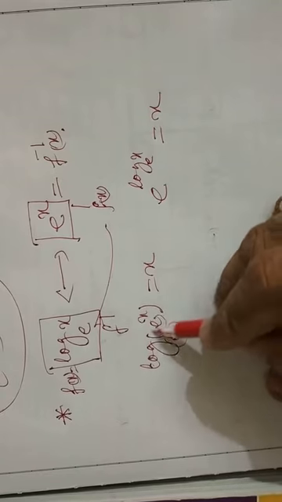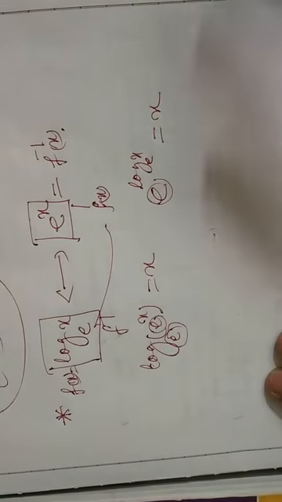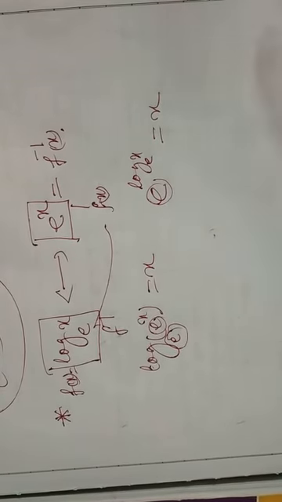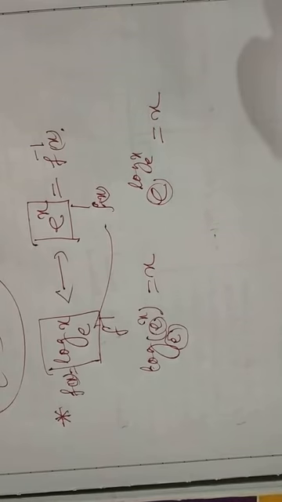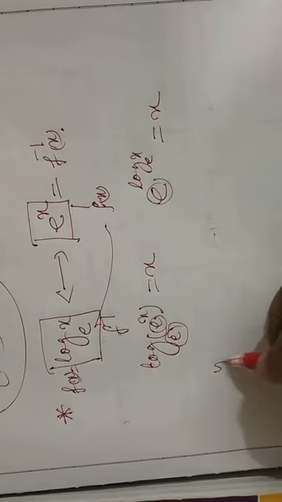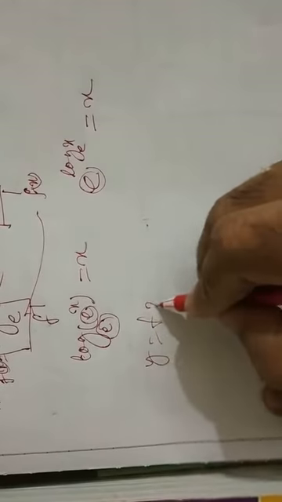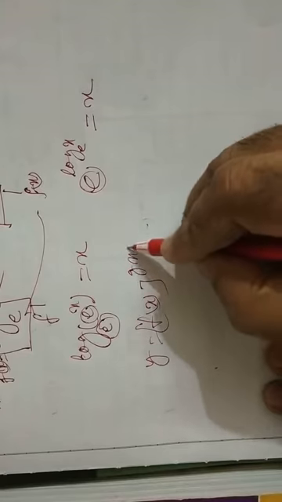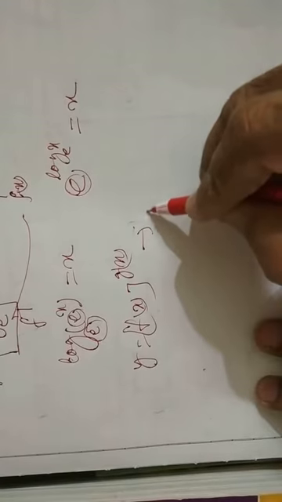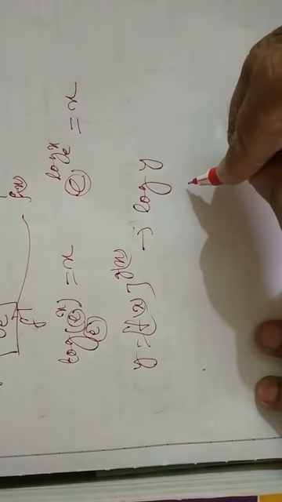Remember this idea. I can replace this e by any base. So logarithm and exponential, these two functions are inverse of each other. Now, if I want to write y equal to f(x) power g(x), and I want to use logarithm here, then what will log y become?